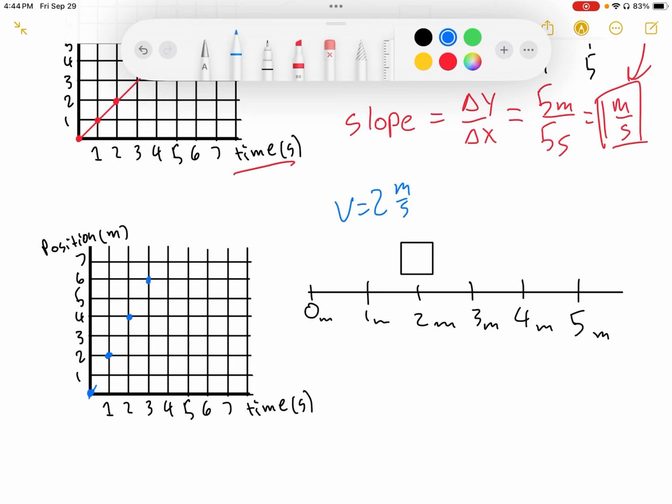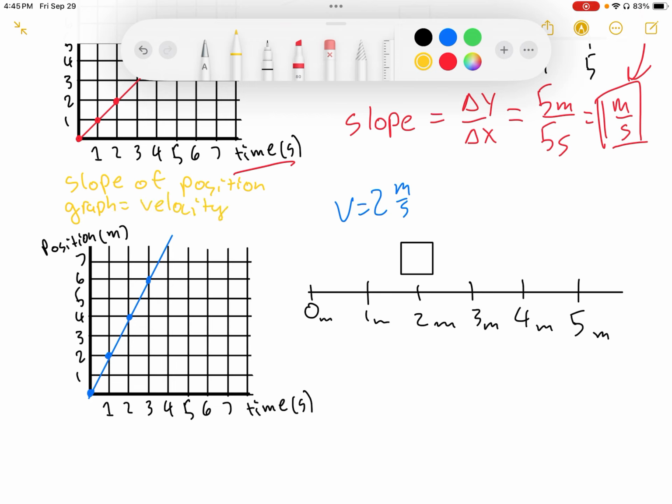So I'll write a couple important points in gold here, right? Our important point here is the slope of the position graph is equal to the velocity, right?